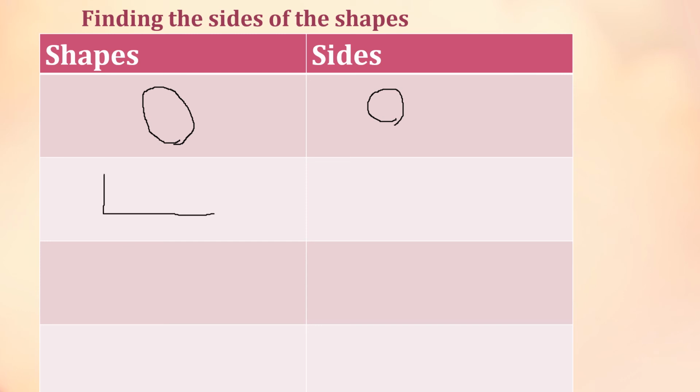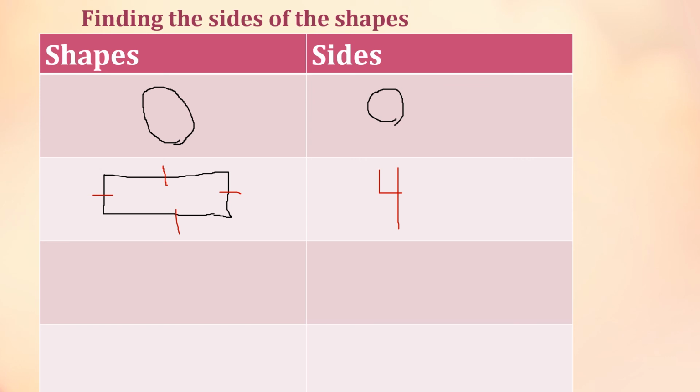Can you guess what shape I am drawing? If you say rectangle, you are correct. Let's see how many sides a rectangle has. So it has 1, 2, 3, and 4. So it has 4 sides.